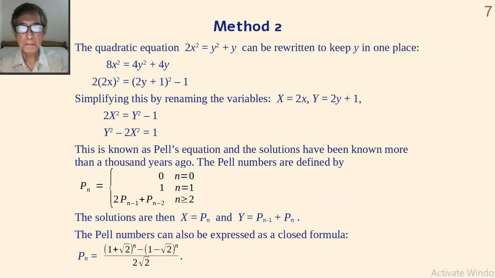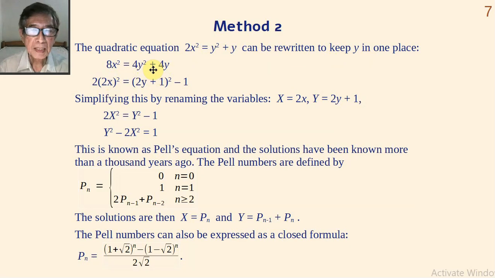Method 2. The quadratic can be rewritten to keep y in one place. So we have this. This is a completing the square method. We first multiply by 4 so that we don't have to deal with fractions.